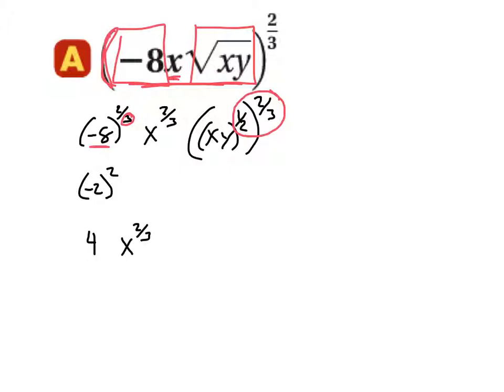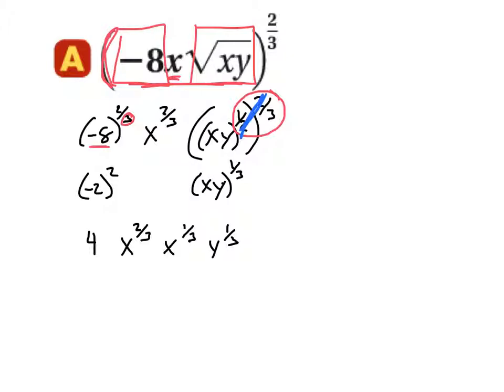So 1/2 times 2/3 is 1/3. So we have (xy) to the 1/3 power. Well, now again, I have two things multiplied together raised to a power. So I need to raise each of those to that power. So I have x to the 1/3 power, y to the 1/3 power.